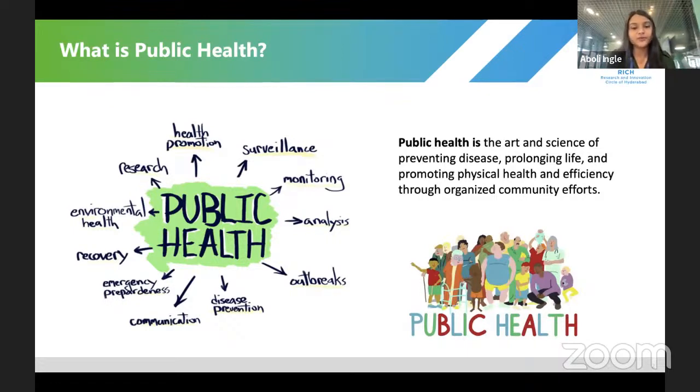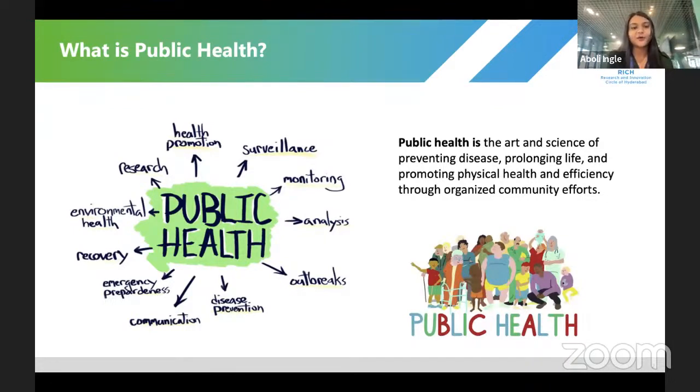Also, one of the important aspects when you think about public health is health policy and management. We develop and implement policies and strategies to help improve health outcomes. How is it done? It is done with the help of research, which I'll be talking about in detail in the coming slides.